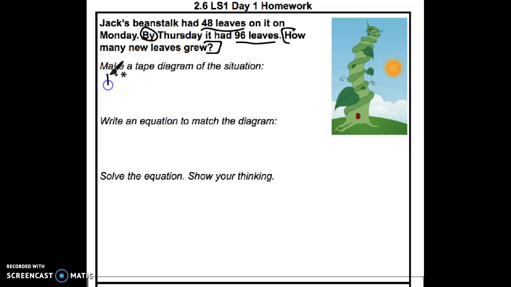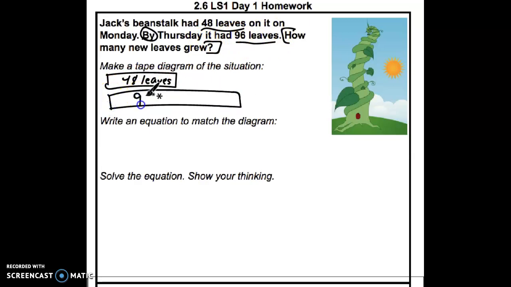So let's take what we know and make a tape diagram. First of all, it says that Jack's beanstalk had 48 leaves on it on Monday. So we're going to start off with 48 leaves. By Thursday, it had 96 leaves. I know that's the total, that's the sum.